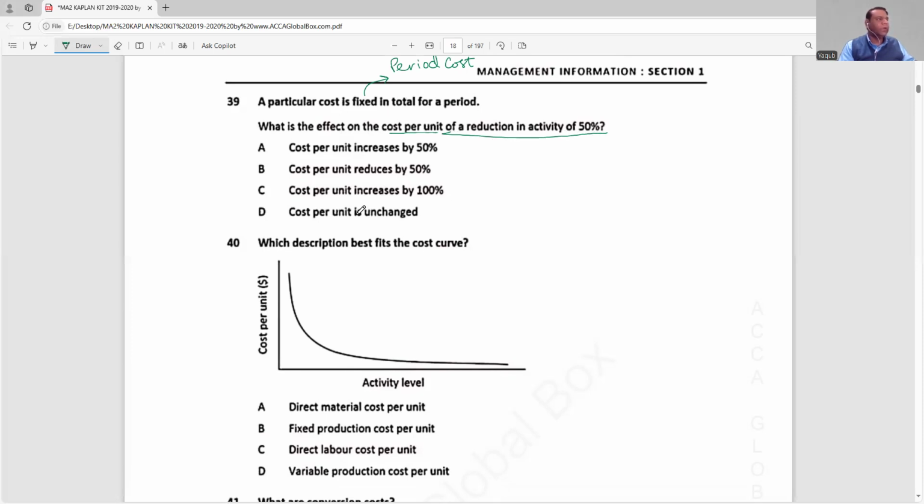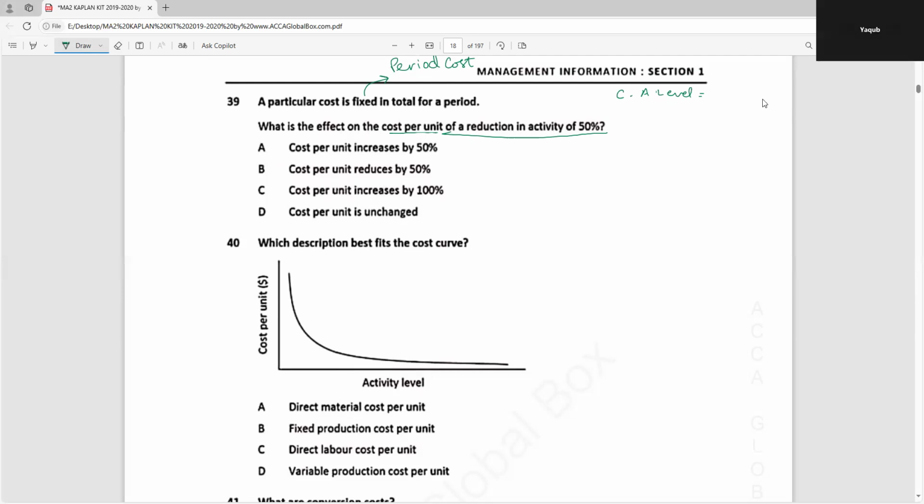Now there are four different changes given. What is the effect on cost per unit of a reduction in activity of 50%? Suppose our current activity level means how many units we are producing, or how many machine hours we are working.